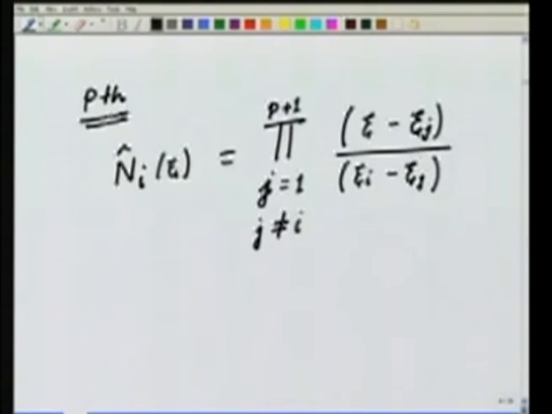From this, finding the derivative is easy. But here we only want to do this exercise for p equal to 1, 2 or 3. Okay, so once we have this, we have the shape function routine.